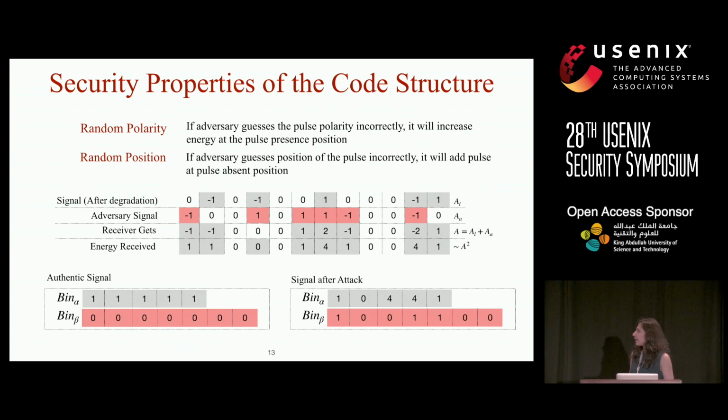But instead, after the attacker tried to annihilate this signal, instead of annihilating it, the attacker has added even more energy at the positions where energy was present. He also has added energy at some positions where energy was not present, but still the code structure looked very similar to what was expected.